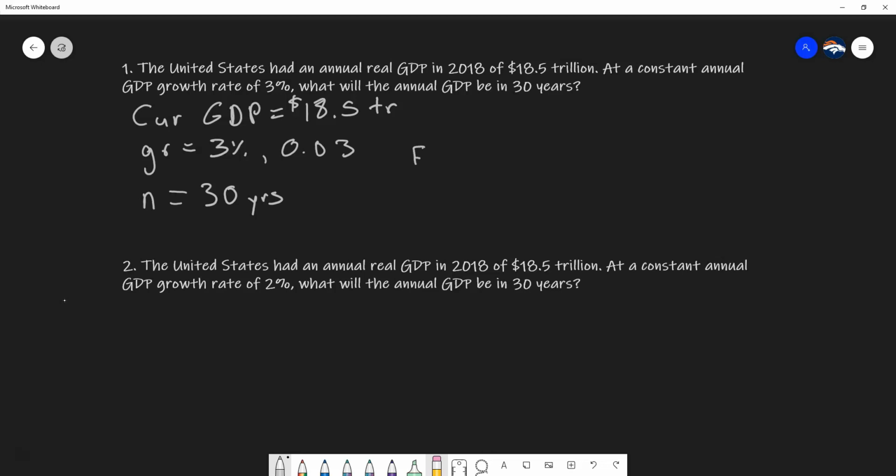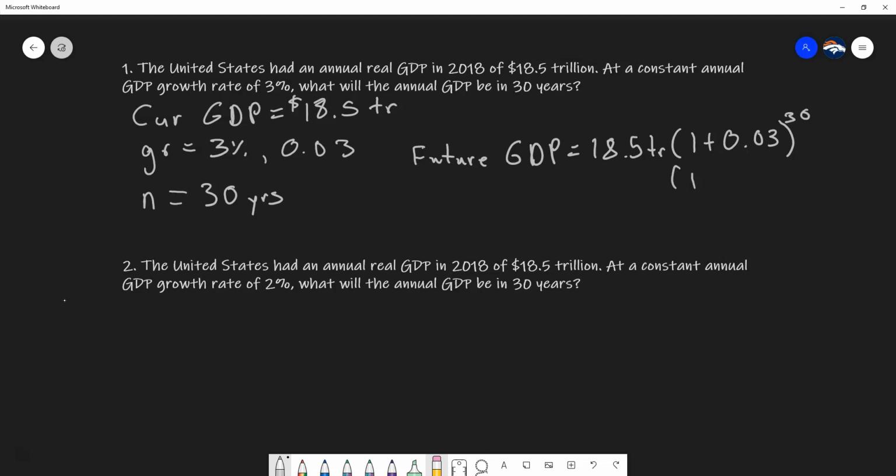So future GDP equals current GDP, 18.5 trillion, times 1 plus my growth rate of 0.03, that's that 3% growth rate, and the amount of time I'm looking at is 30 years.